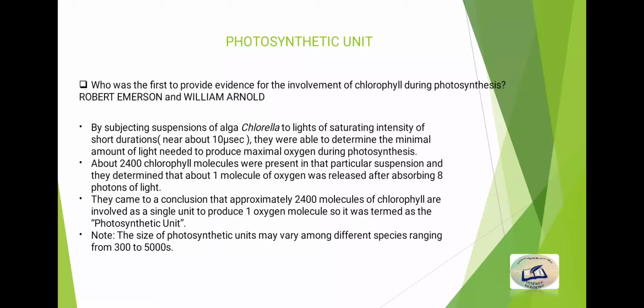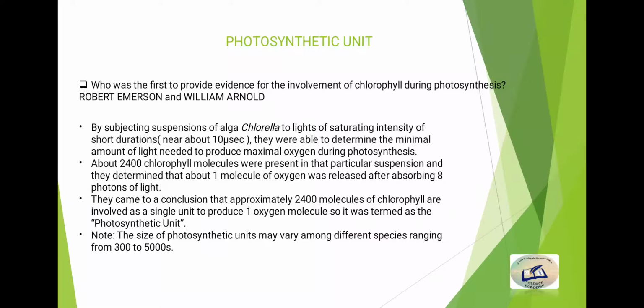And how many chlorophyll molecules were present in that suspension? It was 2400 chlorophyll molecules. So they came to the conclusion that approximately 2400 chlorophyll molecules from that suspension acted as a single unit for producing 1 molecule of oxygen against 8 photons of light.